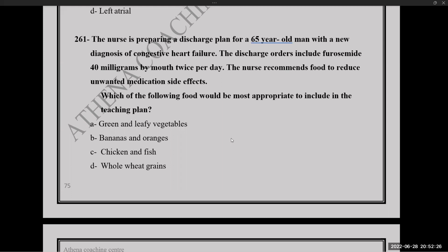One contributory factor that increases digoxin toxicity is hypokalemia. In congestive cardiac failure, two medicines are commonly expected: digoxin and Lasix. Lasix causes hypokalemia, and hypokalemia increases digoxin toxicity. So to prevent that, you have to replace potassium.